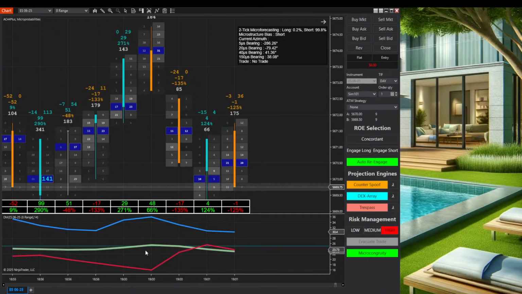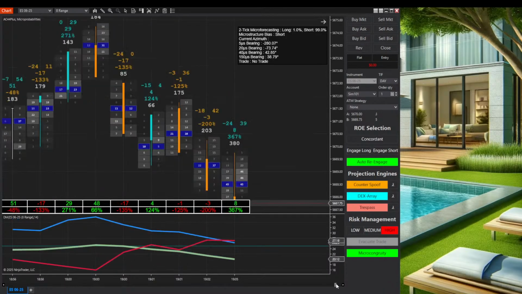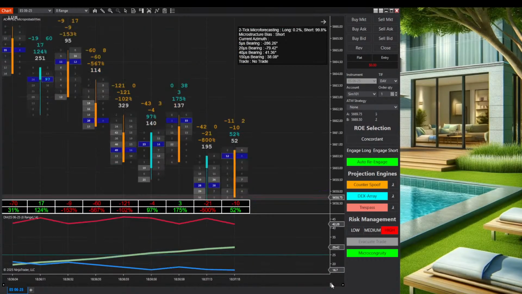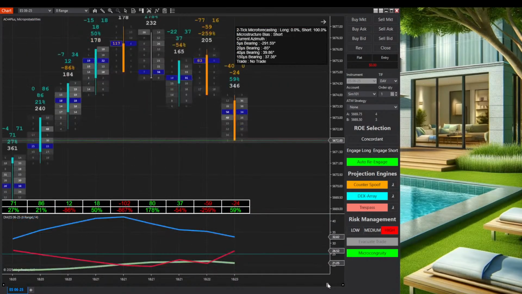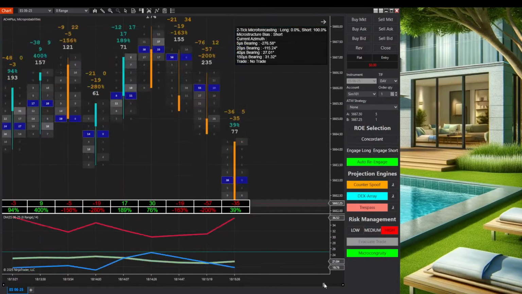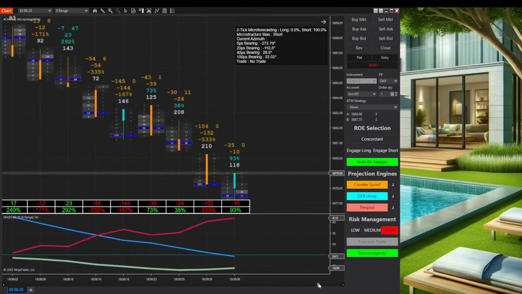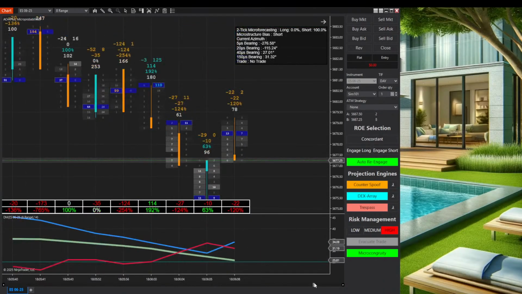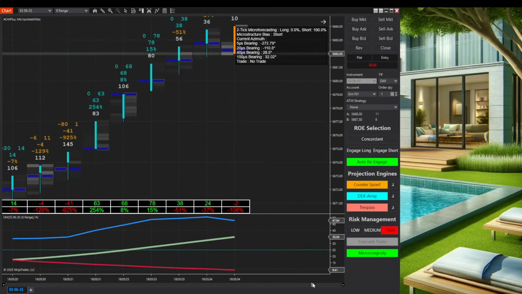You kind of see it's bullish here. Can we find a bullish example? Okay, here we go. We found one. So here you go. This is obviously turning bullish. You could see it here in the candles as well.